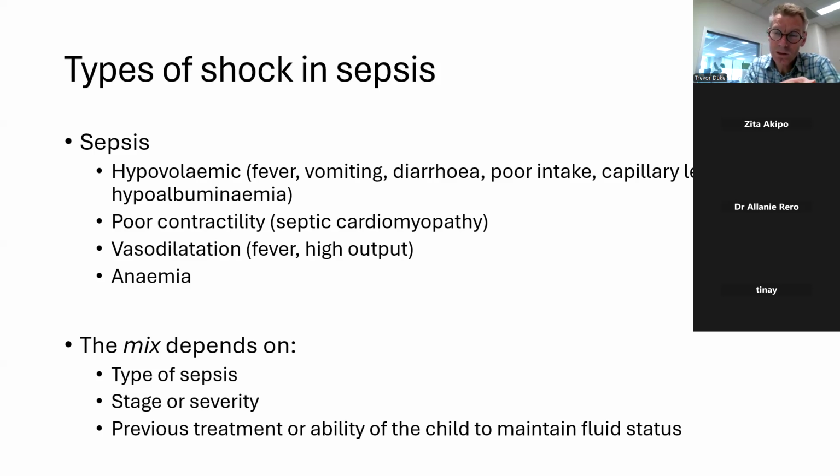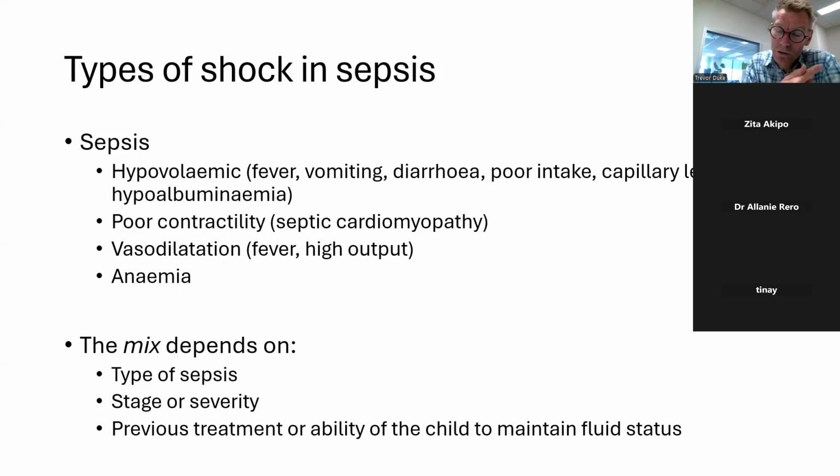And then some children that have got severe sepsis will have poor contractility. Their heart won't be pumping blood very well. So they'll have what we call a septic cardiomyopathy. Their heart's not functioning well, and they benefit from inotropes. I'll try to explain how to make this distinction clinically in a minute.